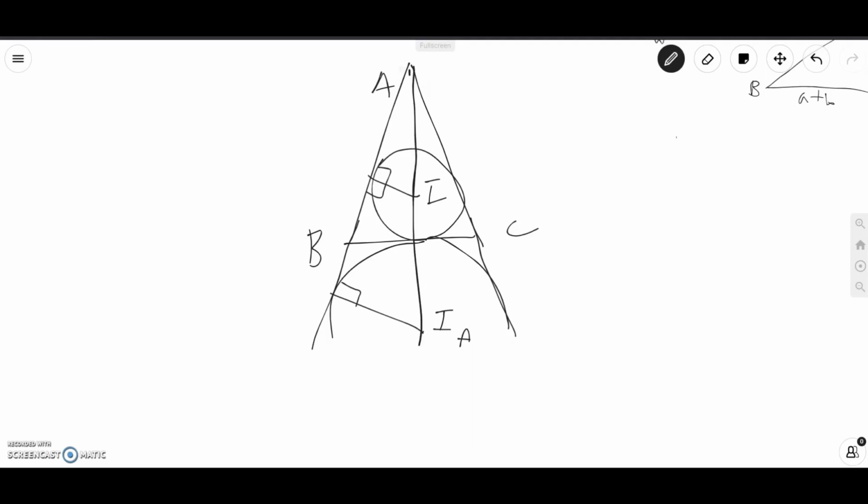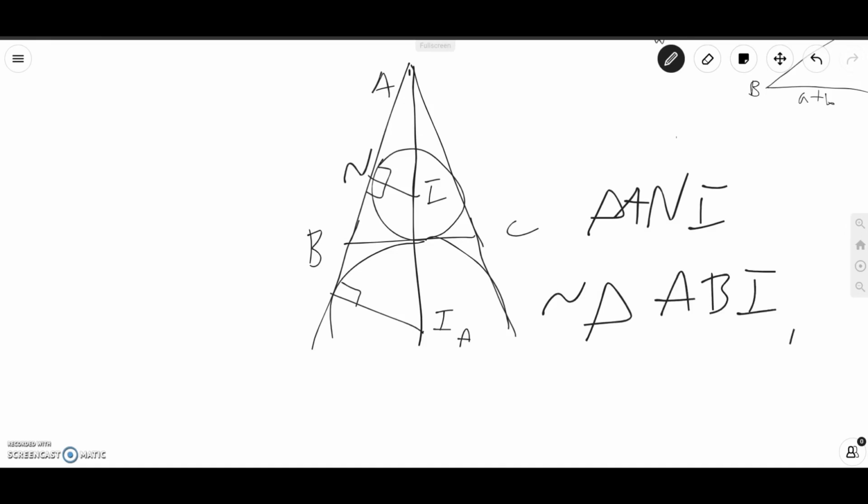So let's make that a little more clear. There we go. And now we can clearly see similar triangles. Let's call this tangency point N. We can see similar triangles ANI and ABIA. These triangles are clearly similar. Now we can use the property of similar triangles to figure this out.